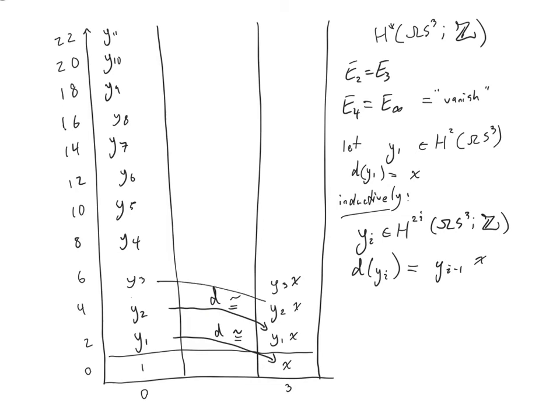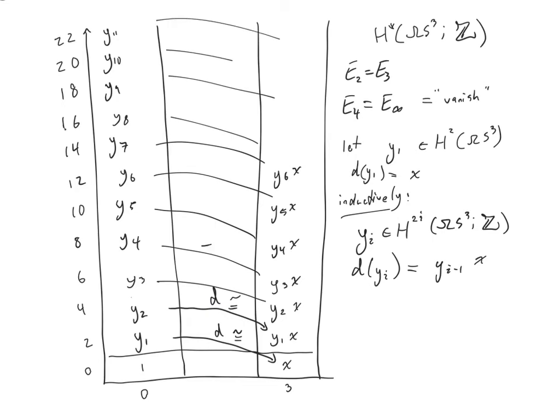So here's how they pair up: y4x, y5x, y6x, etc., going up.